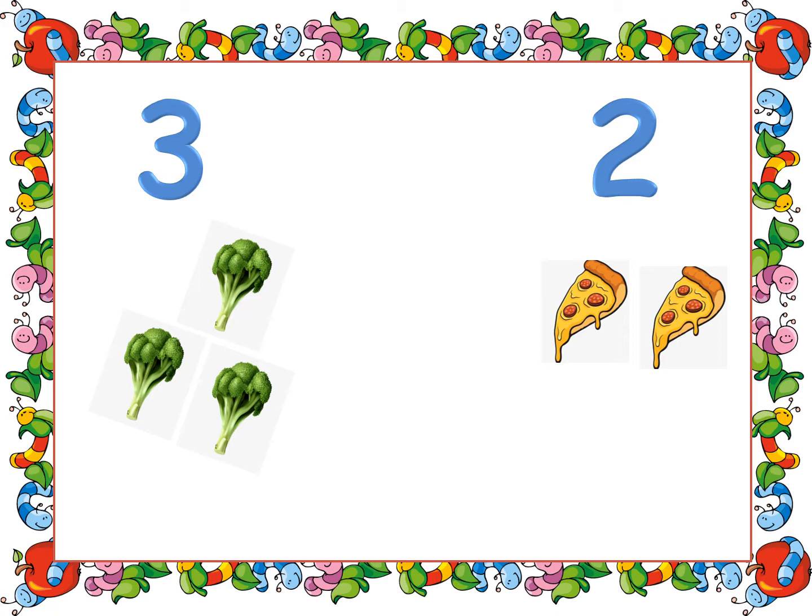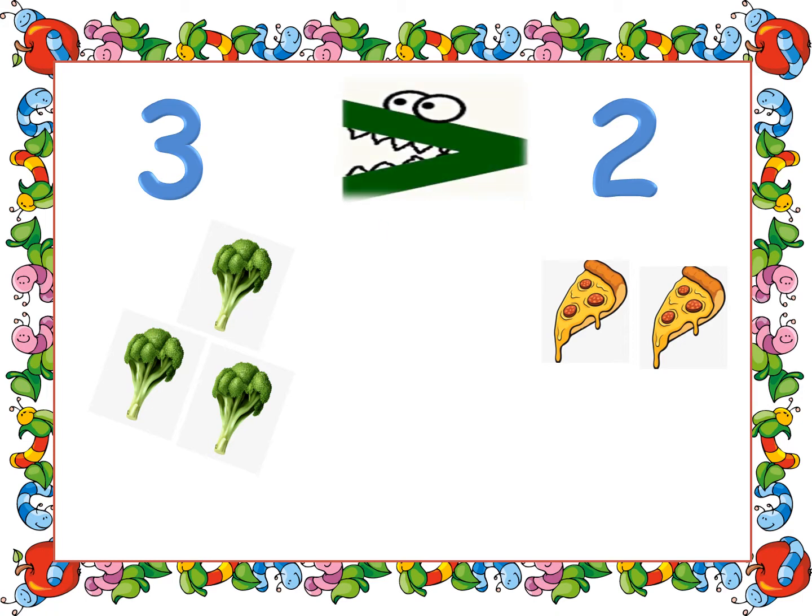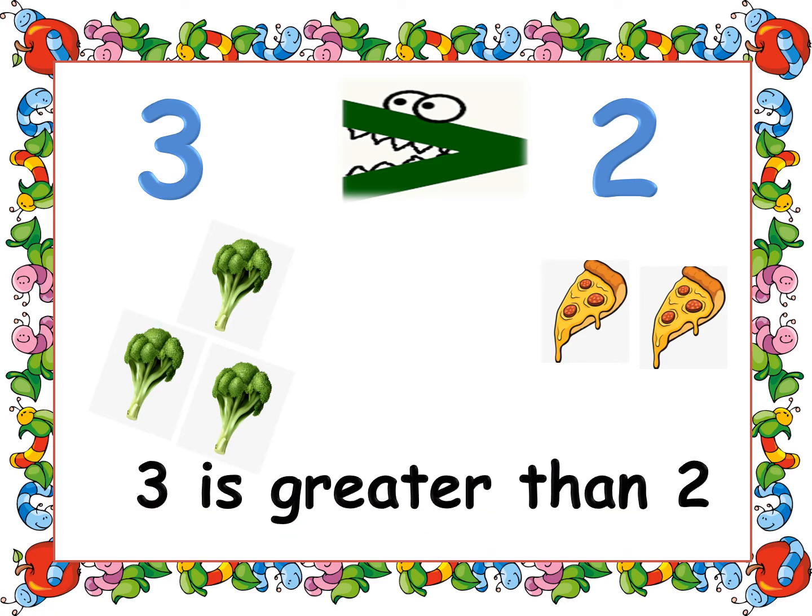Alright, so which one will the alligator eat? Very good. The alligator will eat the number 3 because the number 3 is greater than 2. So 3 is greater than 2.